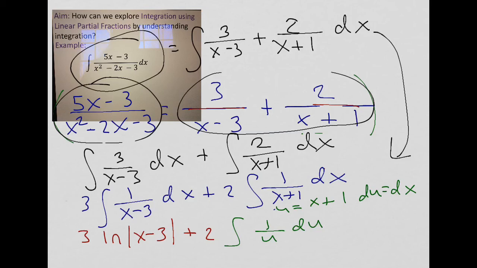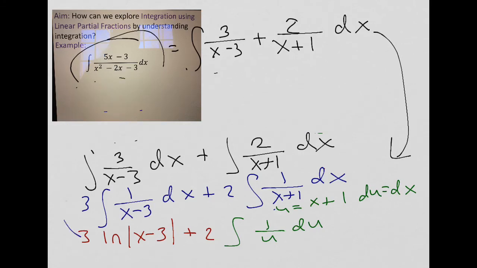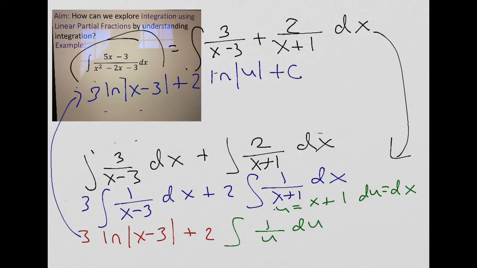So I ran out of space, so let me write this at the top. Okay, so let me bring this up. This is what we have so far. And I was just explaining how it's the ln absolute value of u plus c. I was explaining before you only need the one c. Let's substitute that u back in. And now, whoops, that doesn't look like ln.